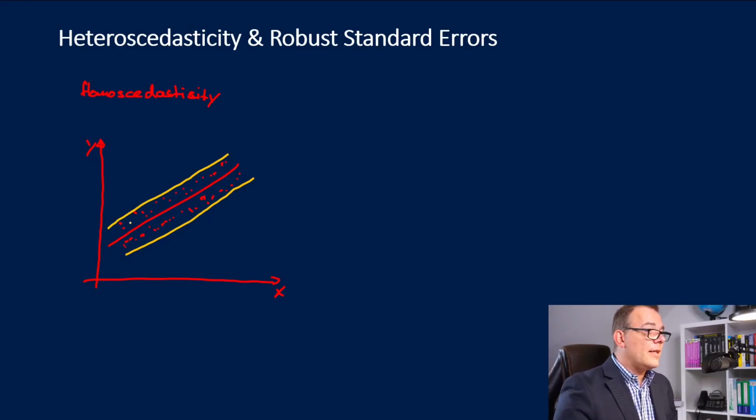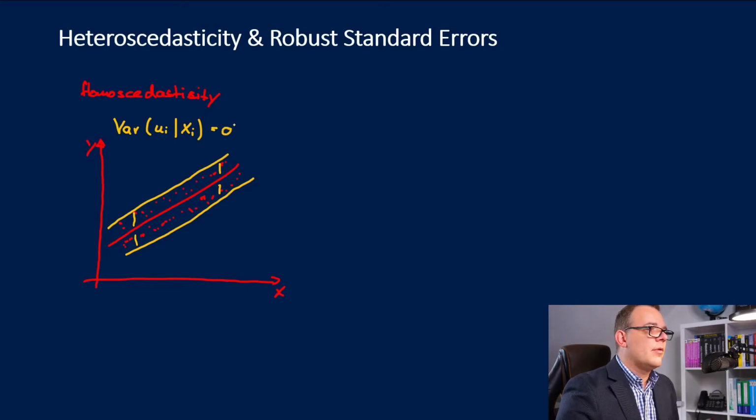So that means that the residuals are roughly the same if we look here as if we look here. Accordingly, the variance of our error term, we can call it u_i, or we can also use a Greek letter if we want to, given x_i is a constant.